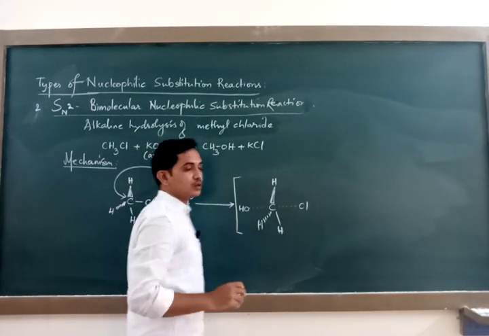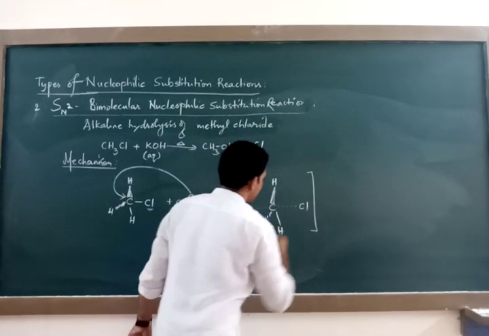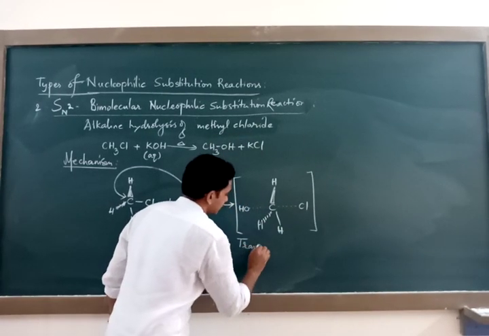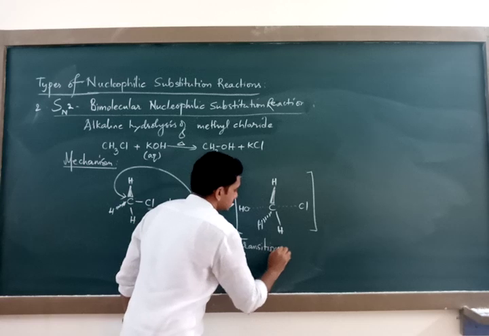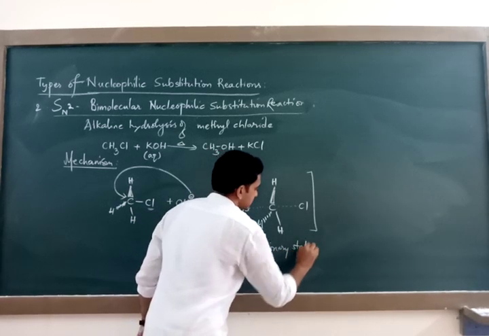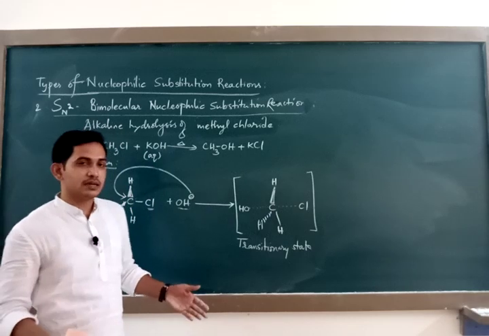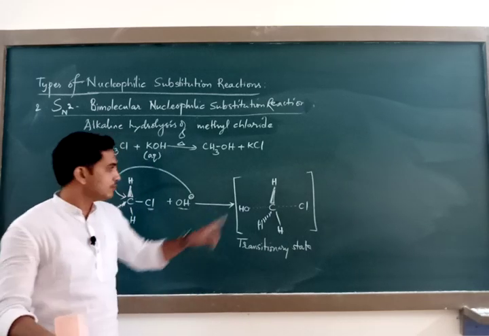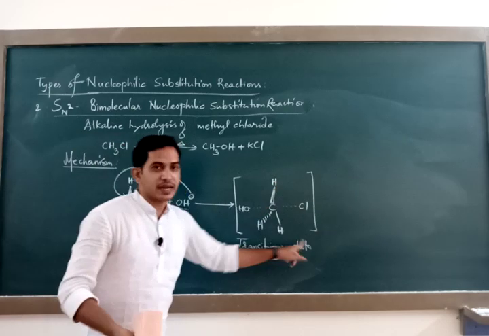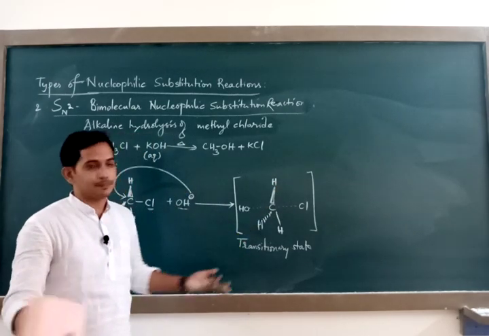Because carbon cannot tolerate 5 bonds, we call this a transitionary state, or intermediate state, which is unstable. Because it is unstable, it exists only for a fraction of time. We represent this under square bracket. So we do not consider this as a step.